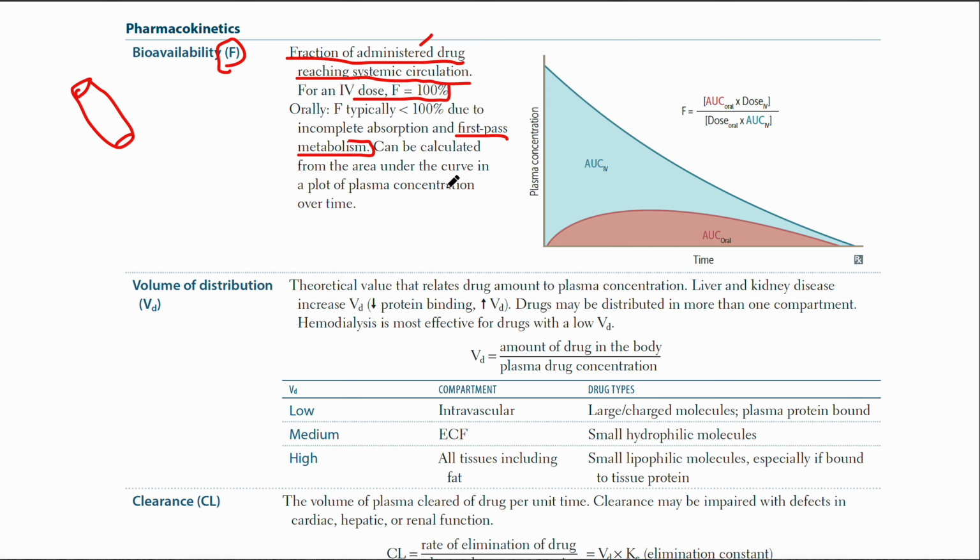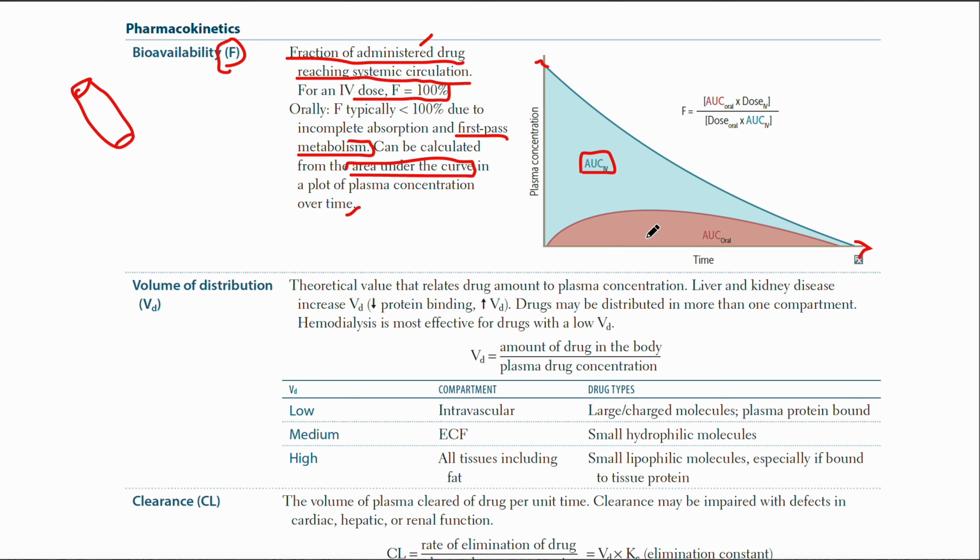It can be calculated from the area under the curve, AUC, in a plot of plasma concentration over time. So the y-axis here is plasma concentration, and the x-axis here is time, right? So this is the graph. AUC IV, that is the area under the curve in intravenous doses, is this much, this high.